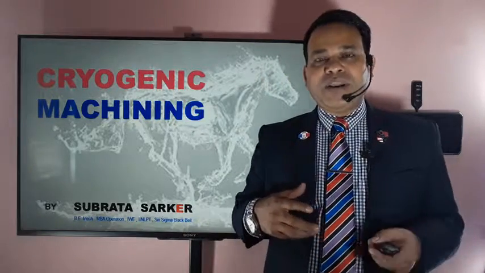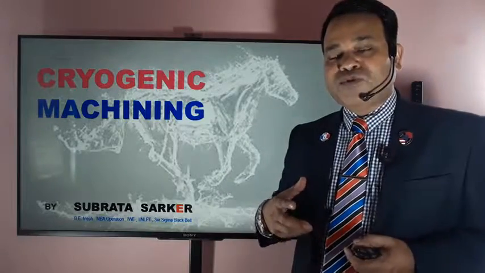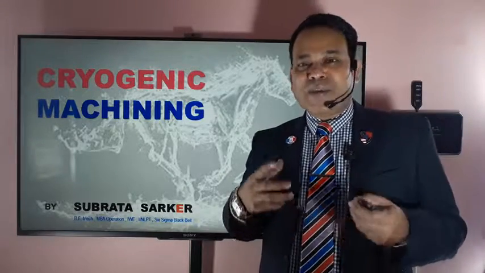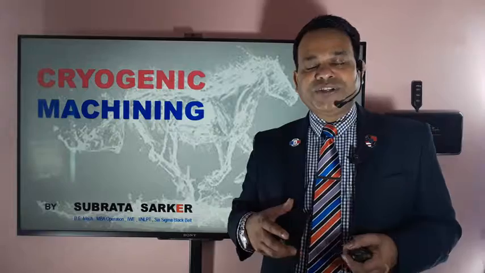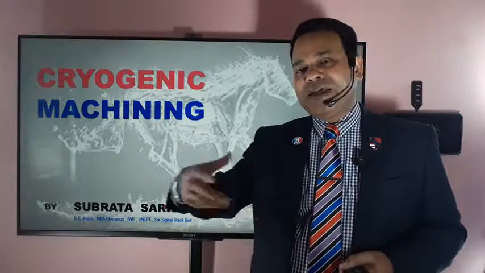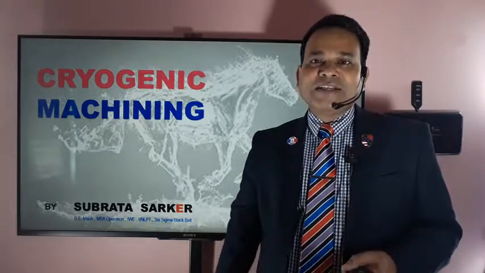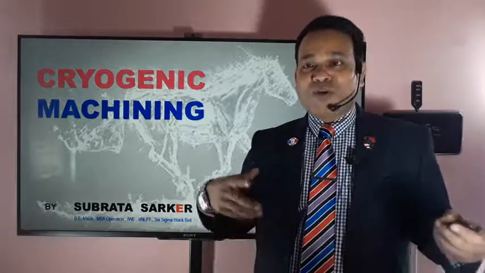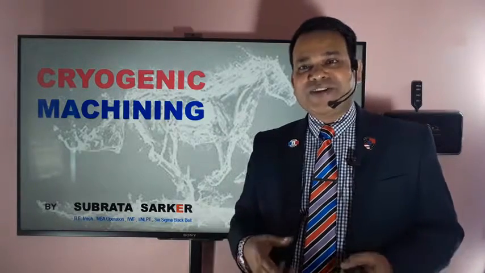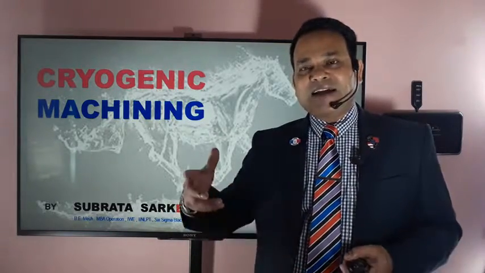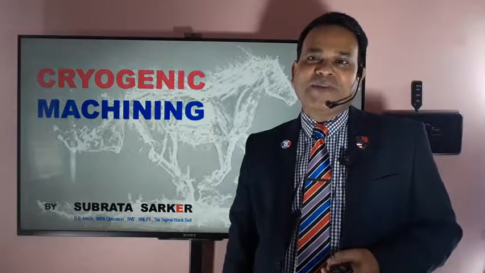There are commercially available materials like liquid nitrogen, one of the most popular cryogenic materials, which is used in very many industrial applications. So today I'll discuss one application area of liquid nitrogen, the cryogenic machining process.